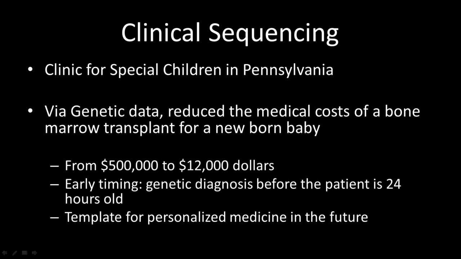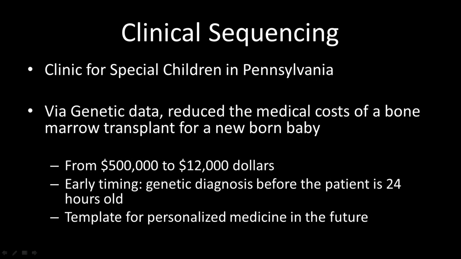The key to the problem was that the immunodeficiency was diagnosed early, very early in fact, so that the clinic was able to treat the immunodeficiency at its inception and reduce the cost from $500,000 to $12,000.